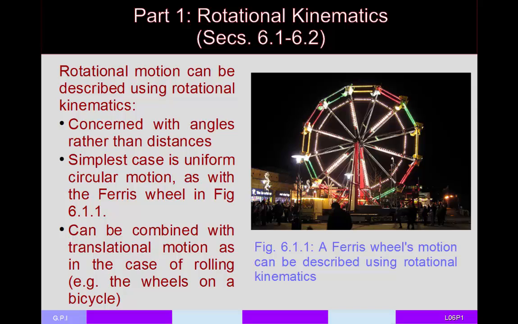So in today's lecture, we're looking at rotational kinematics, in which an object is actually moving from point A to point B around some orbit. So point A might be here, point B is here. And what we're concerned with is many of the same terms. There's still a position, a velocity, and an acceleration that can be defined for rotational motion. The trick is that we're concerned more with angles than distances.